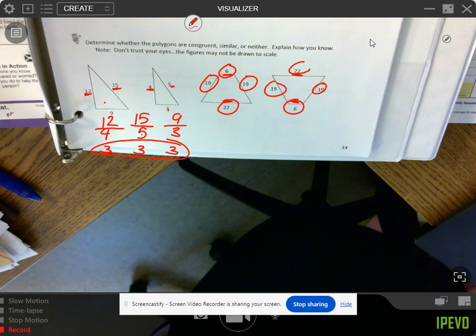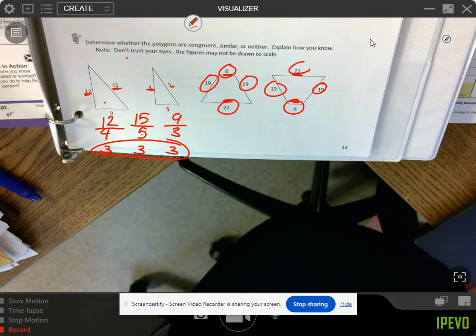So it is totally fine to rotate and to flip, because we're not changing the polygon at all. We're just turning it. So yes, they are congruent. That makes sense, Ruby? Yeah, we didn't know we could do that, but now that we do, that's why it's not a homework problem. That's why it's part of the lesson. We know that we can rotate, we can flip, and see if they are congruent.